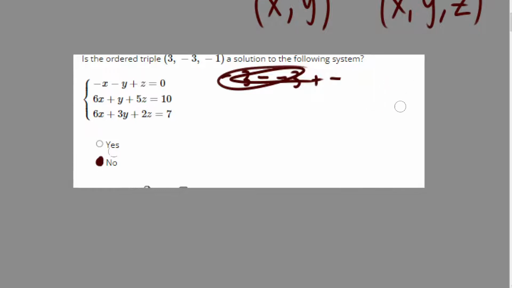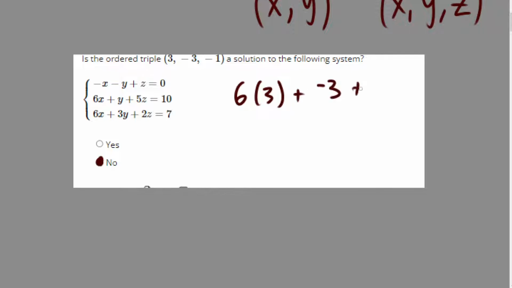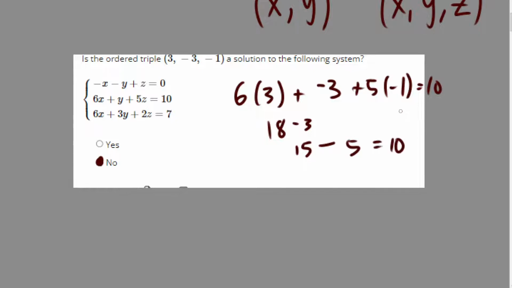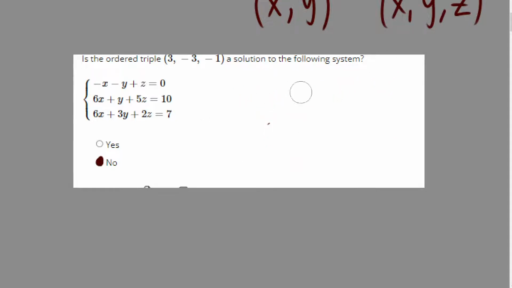You could try this with any of the other problems too. So you could get 6 times 3 plus -3 plus 5 times -1 equals 10. That would give you 18 minus 3, which is 15, minus 5, which is 10. So that one works, but that doesn't mean that it's a solution because our first one didn't work, right? Now we'll try the bottom. We'll get 3 times 6, which is 18, plus 3 times -3.